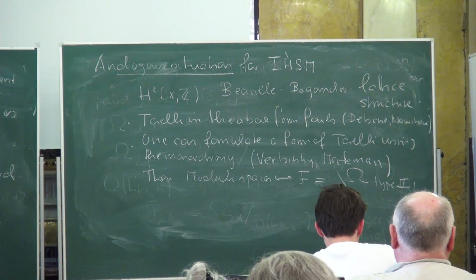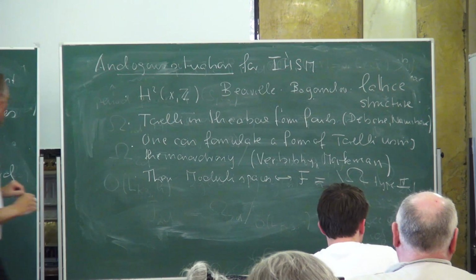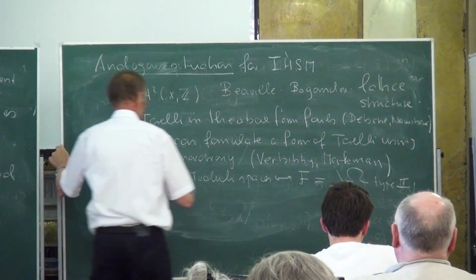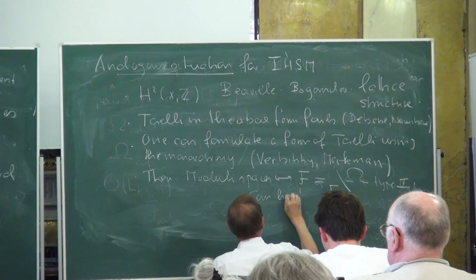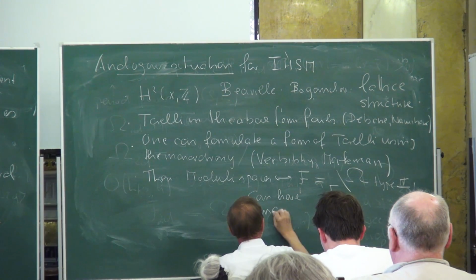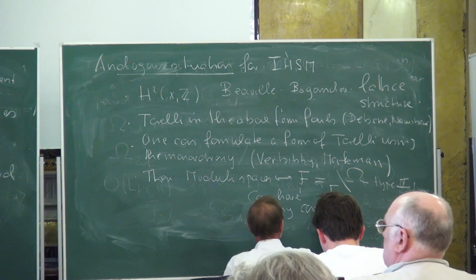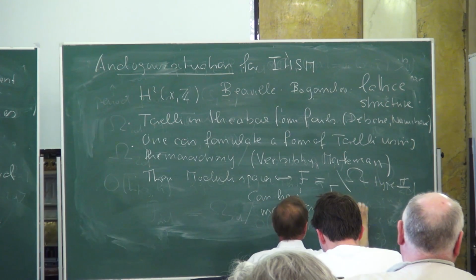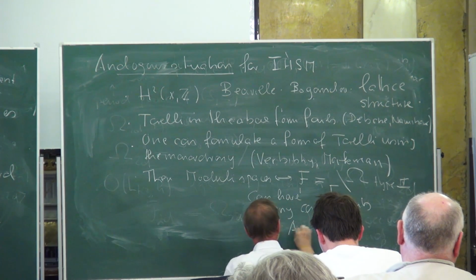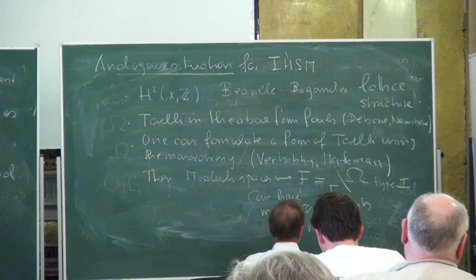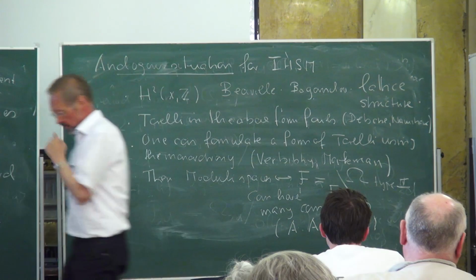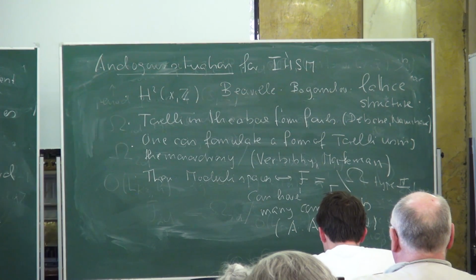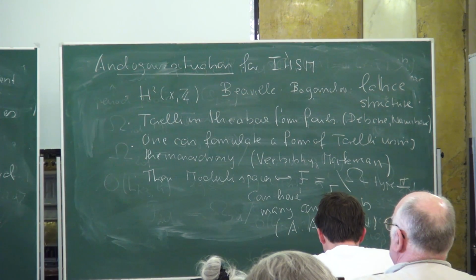But that part of the story goes through. But these can have many components. So that part of the story is different, and a PhD student of mine, Apostolov, once worked that out and gave many examples where one has several components.